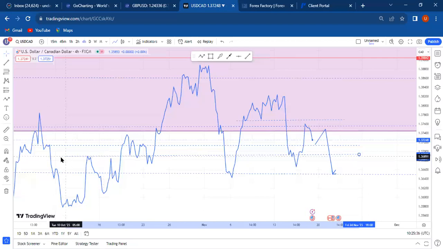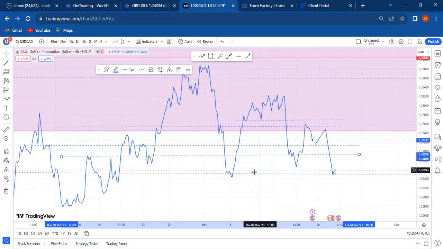So can you see the levels? Here, here, here, here also, here.